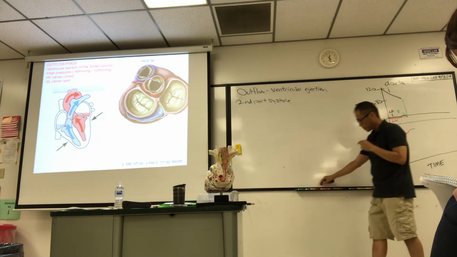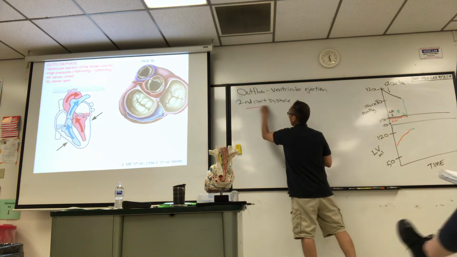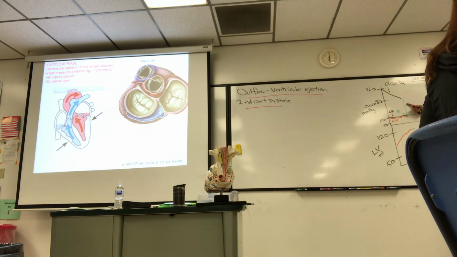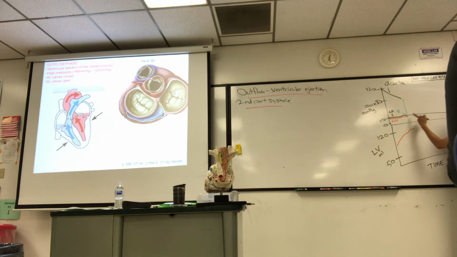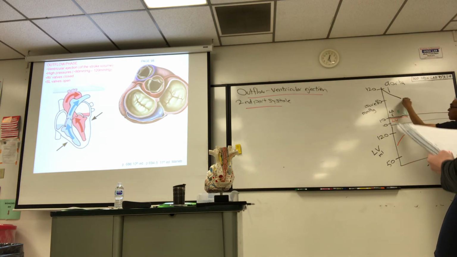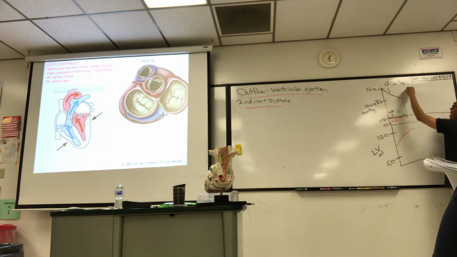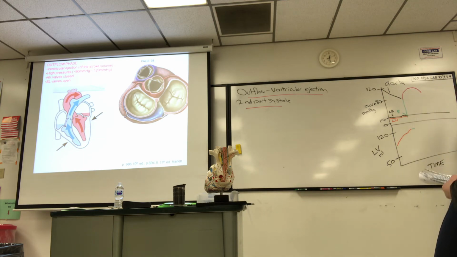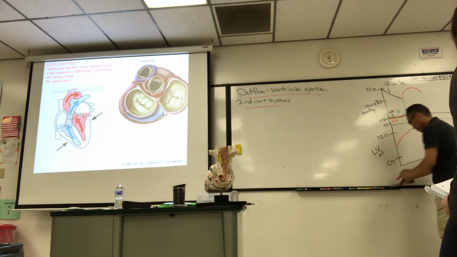I'm going to use red for this phase. For outflow. And what happens is you're going to get your pressure peak here. So the green line continues as a red line for me, and you're going to max out at 120 about and start to drop off for the left ventricular pressure. You're going to exceed the aortic pressure, which will look like this, black line.